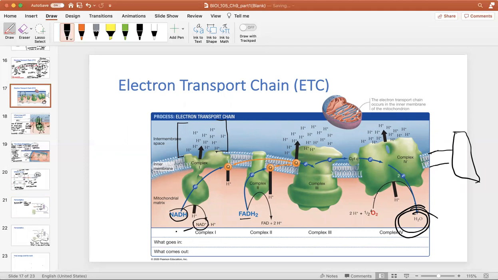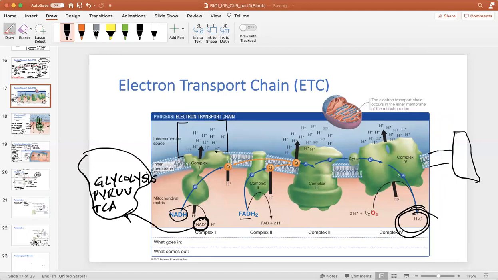This NAD can be fed back into glycolysis to keep this whole process going, right? It can be fed back into pyruvate oxidation. It can be fed back into the citric acid cycle. So you're regenerating this stuff here to feed back into the first 3 phases of cellular respiration.